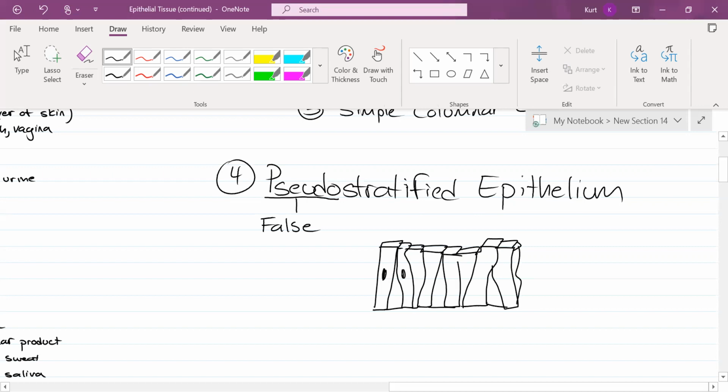Put a little nucleus inside all of these. Okay, and some of it can be ciliated, and then you can have some that aren't.